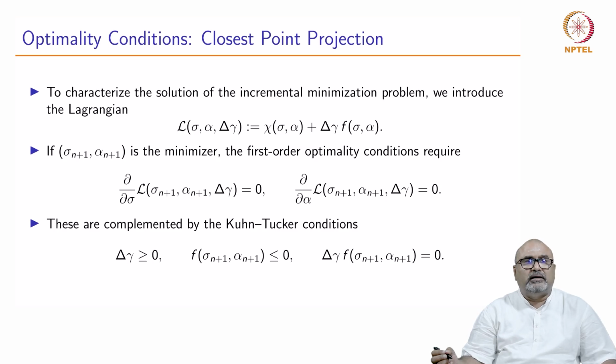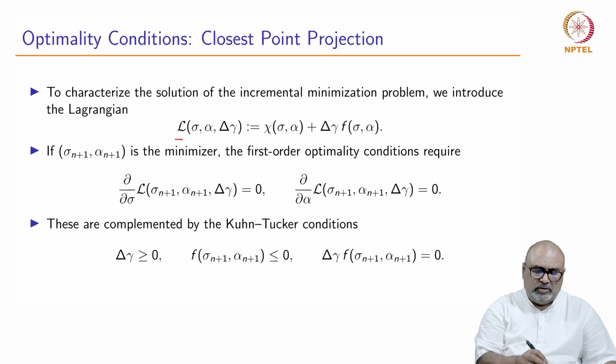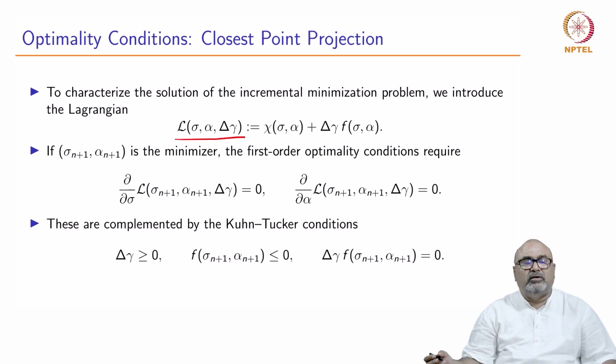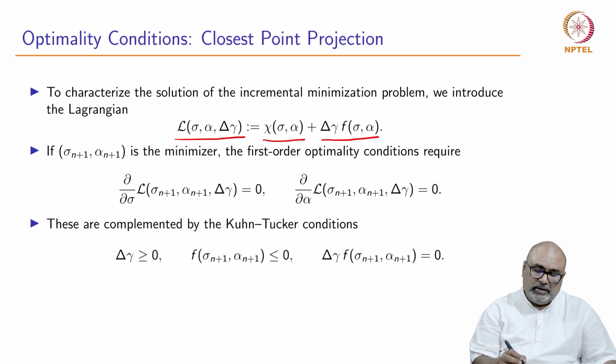To characterize the solution of the incremental minimization problem, one can introduce a Lagrangian of this form, L, which is a function of sigma, alpha and delta gamma, defined as chi of sigma comma alpha plus delta gamma f of sigma comma alpha, where delta gamma is the plastic multiplier increment, f of sigma comma alpha is the yield function, and chi of sigma comma alpha is the complementary energy function.